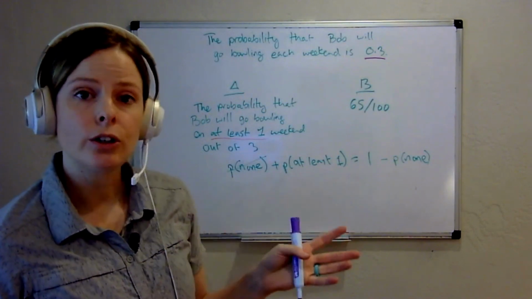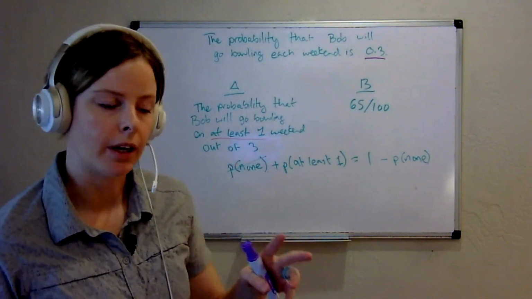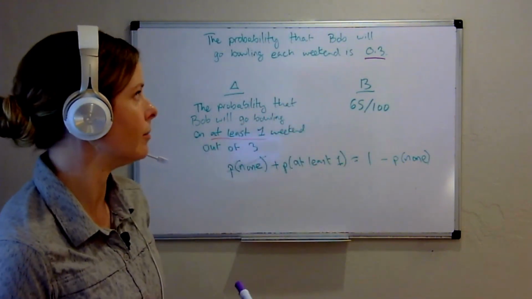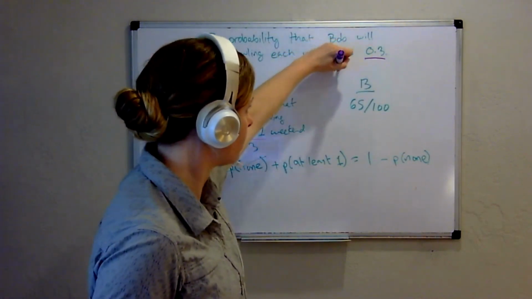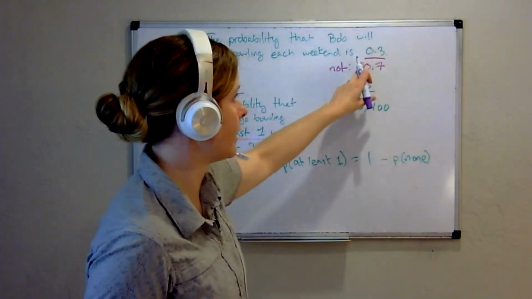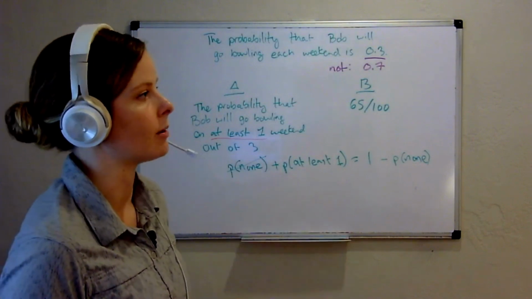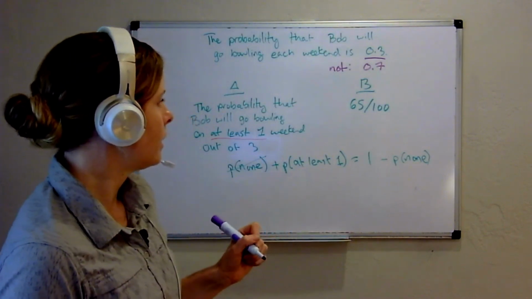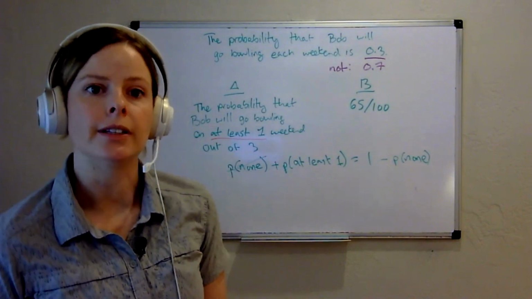And there are only two things that could happen. Either he goes bowling or he doesn't. There's no overlap there. There's no other scenario that could happen. And that tells us that the probability that he does not go bowling must be 0.7, because these things have to add up to our total, our 100% probability. So on a given weekend, the probability that he doesn't go bowling is 70%.